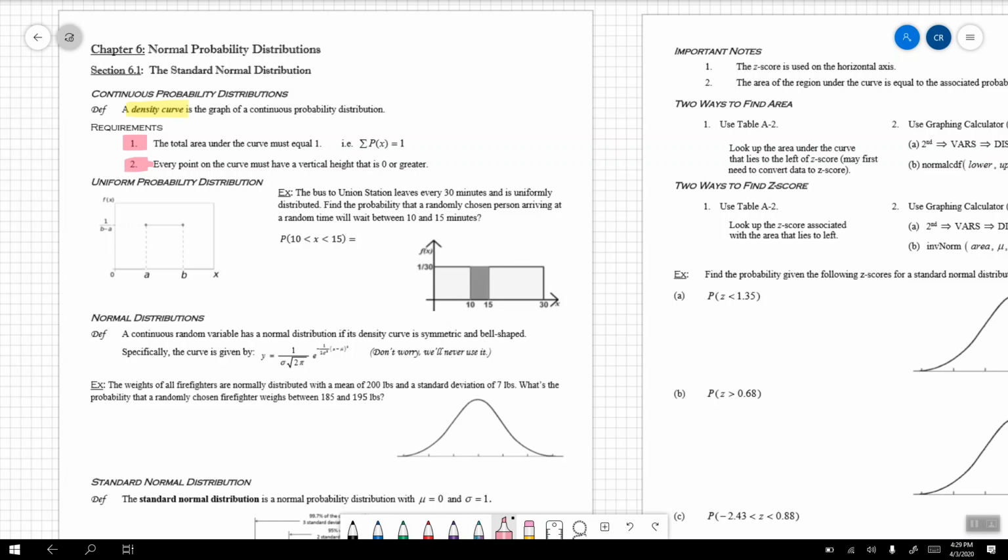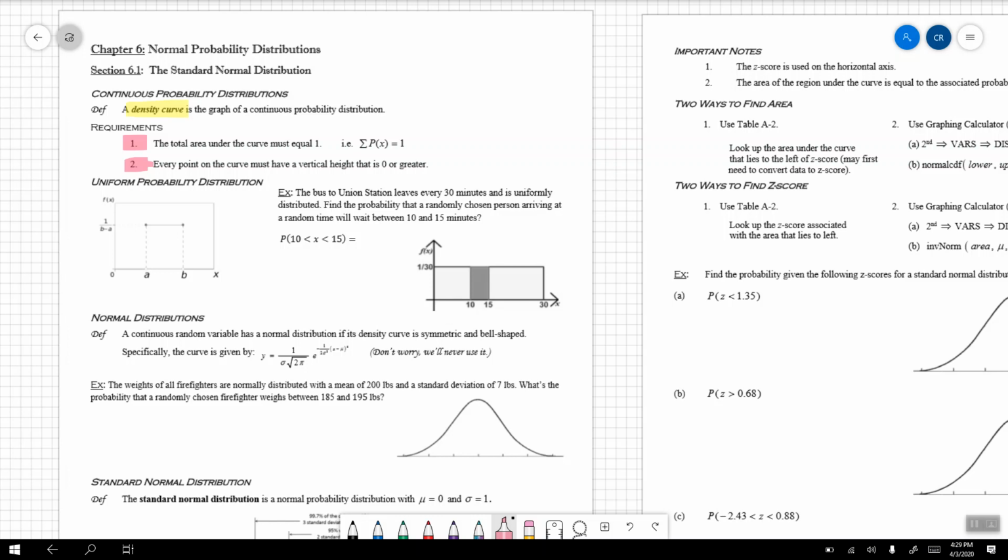Now, the first type of probability distribution that we're going to be looking at is a uniform probability distribution, outlined in this example here. In this example, the bus to Union Station leaves every 30 minutes and is uniformly distributed. Find the probability that a randomly chosen person arriving at a random time will wait between 10 and 15 minutes.